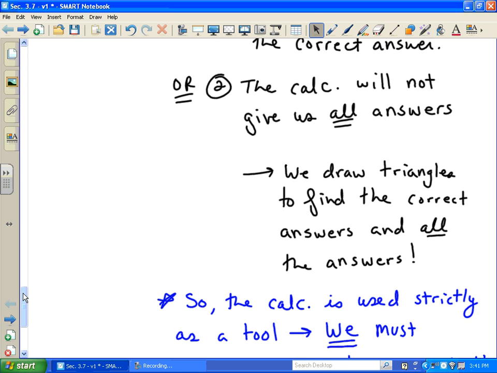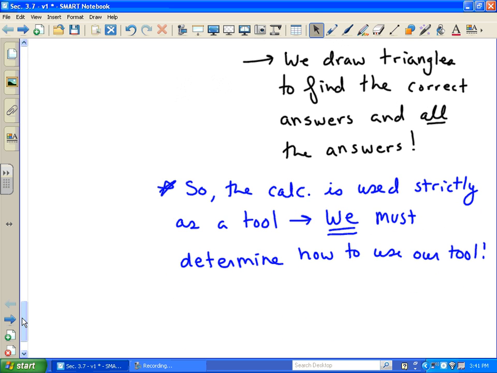The calculator is used strictly as a tool in these sections. You students are the ones that have to determine how to use that tool. So do be careful. A lot of times, we think of our calculator as almighty and all-knowing, but you're always smarter than your calculator. You are the one that has to determine whether the answer it's giving you is correct or not.